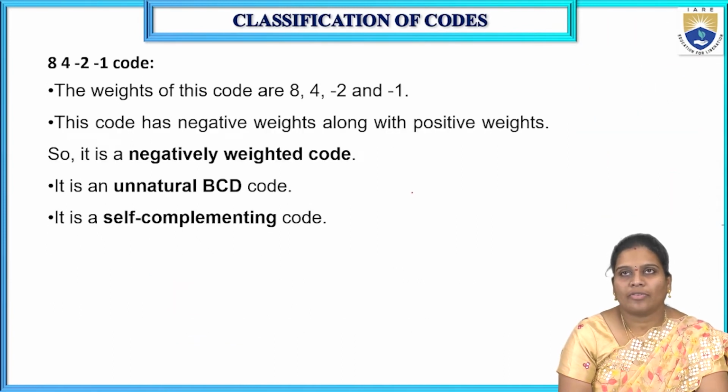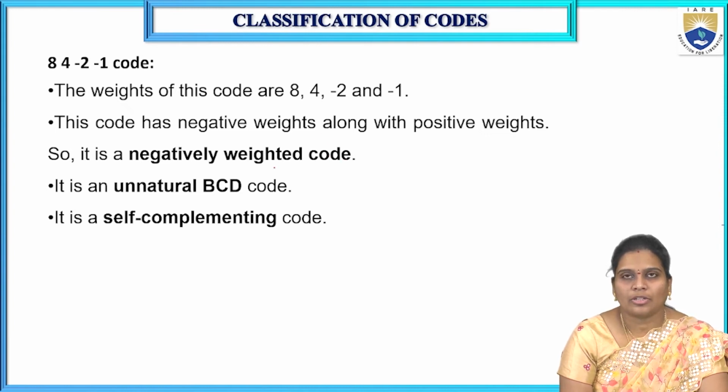Okay. So next one is the 84 minus 2 minus 1 code. So here the weights are 8, 4, minus 2, minus 1. In these weights, combinations of positives and negatives are there. So this is called the negatively weighted code.